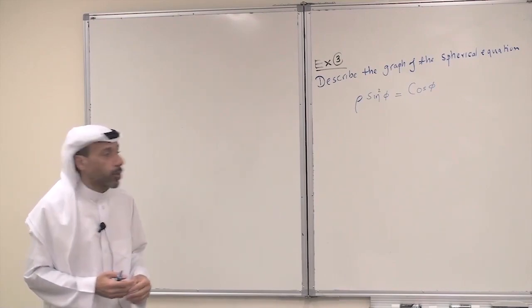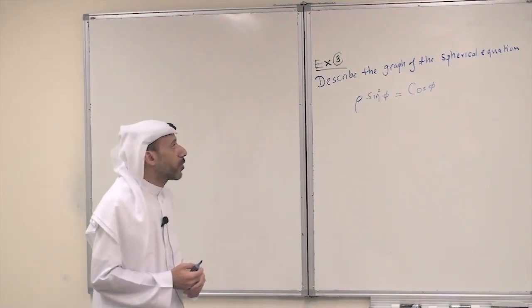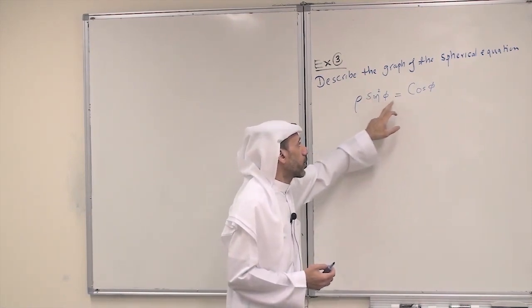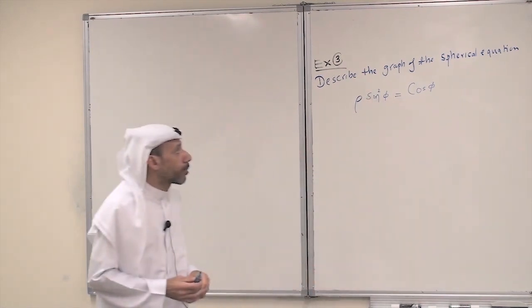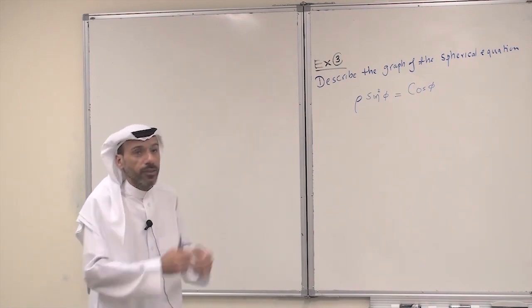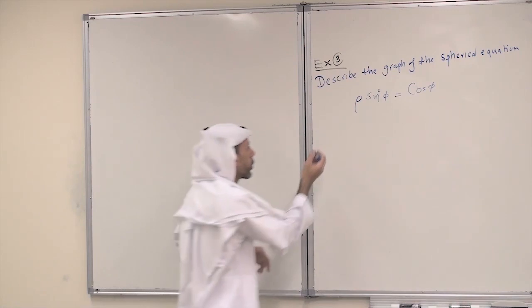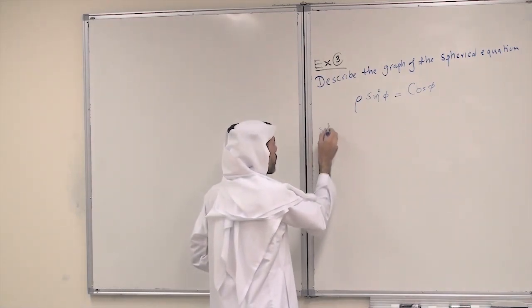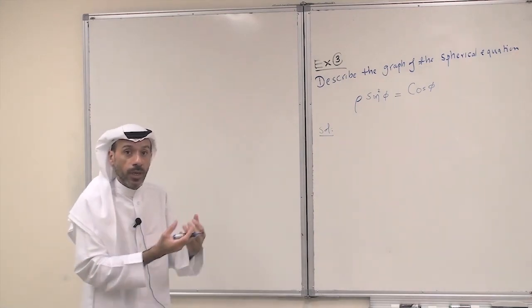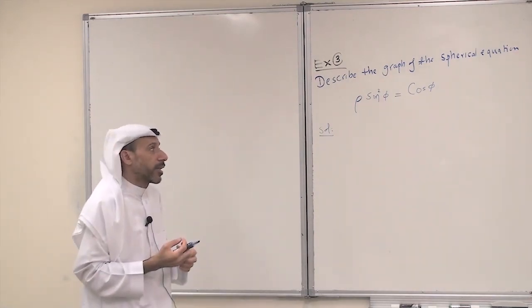Let's consider the following problem. Describe the graph of the spherical equation rho sine squared phi equals cosine phi. We need to describe the graph of this equation. Of course, this is not a basic equation, so it is not easy to describe its graph.